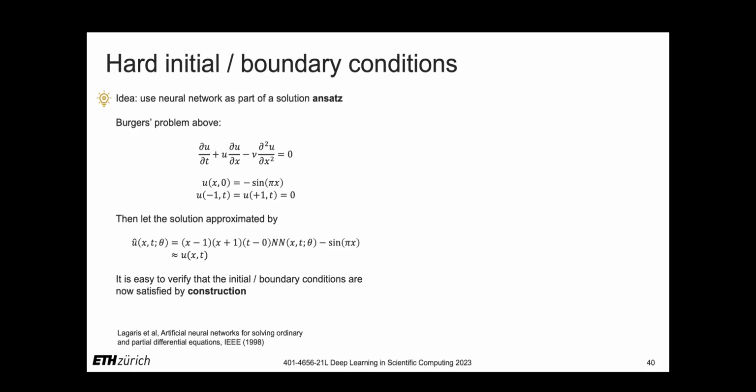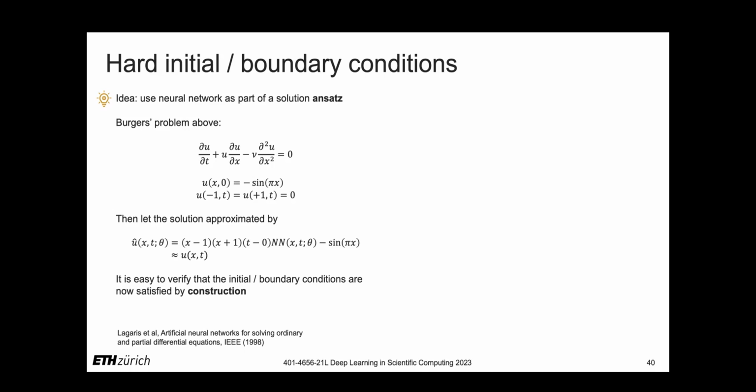So we want to try and improve this situation. What you can try to do is get rid of the boundary loss entirely and make the PINN so that it always satisfies the boundary conditions, no matter what the physics loss is doing. We call these hard constraints, like hard initial and boundary conditions.